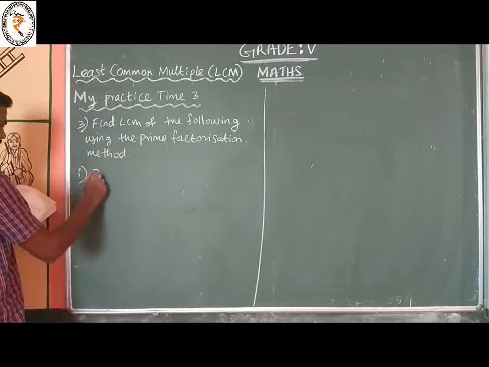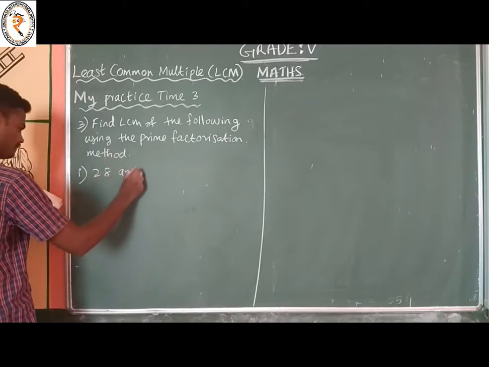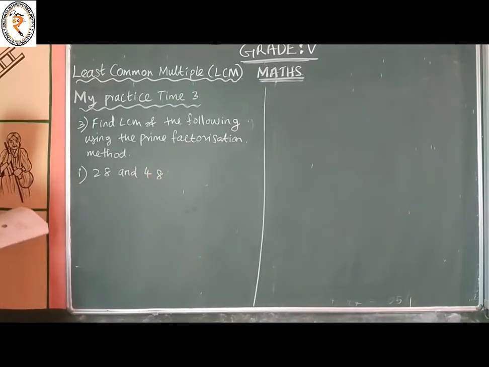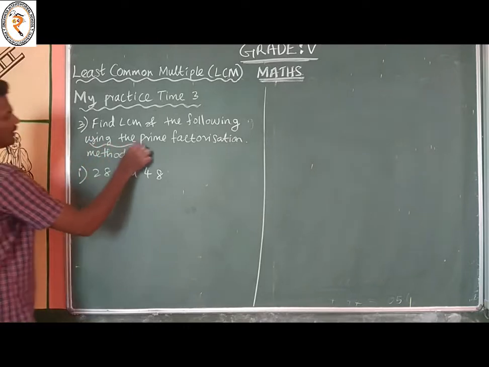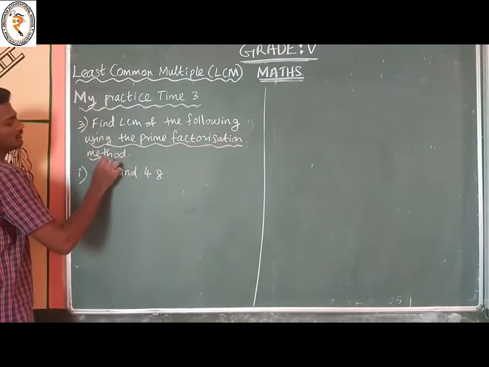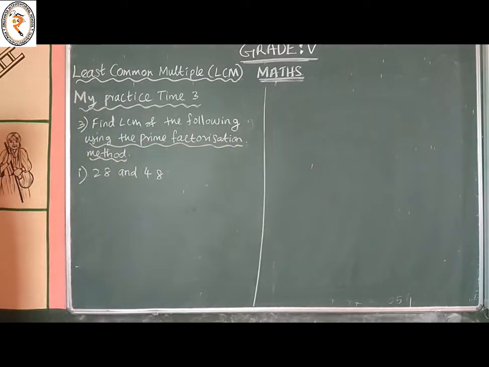First question, 28 and 48. The first method we use is the multiples method, the second method is the division method, and the third method is the prime factorization method.